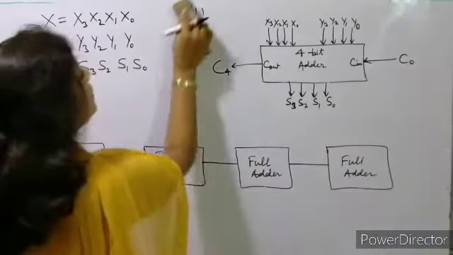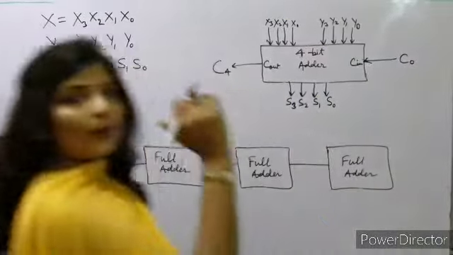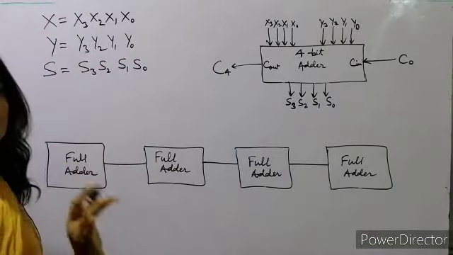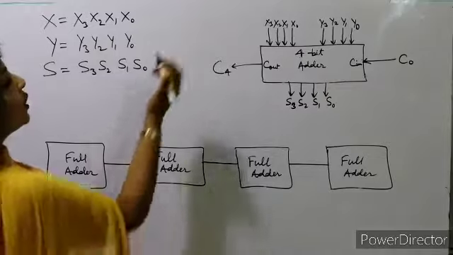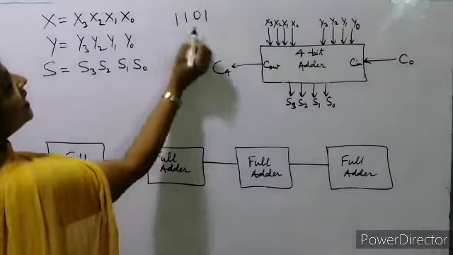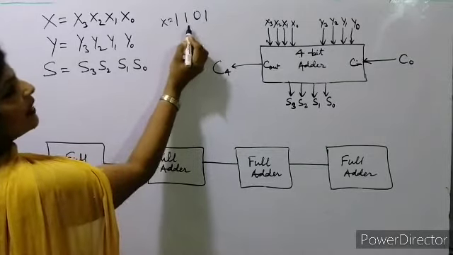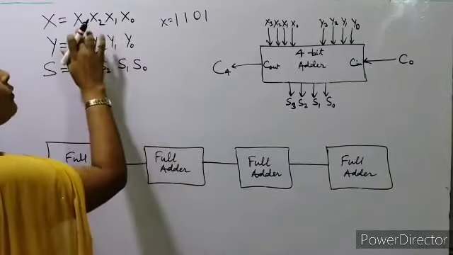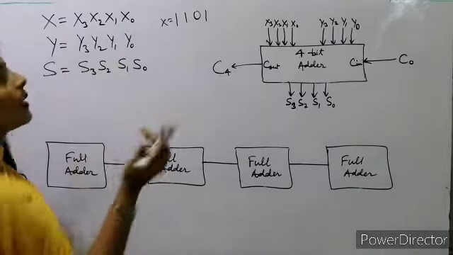Okay, so x is a 4 bit binary value and y is also a 4 bit binary value. So if we take 1101, in this case x is equal to this value. Just try and understand, I'm explaining what x3 is and what y3 is.